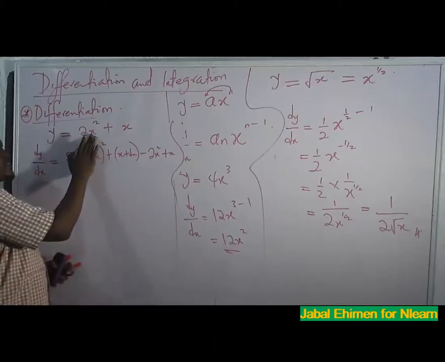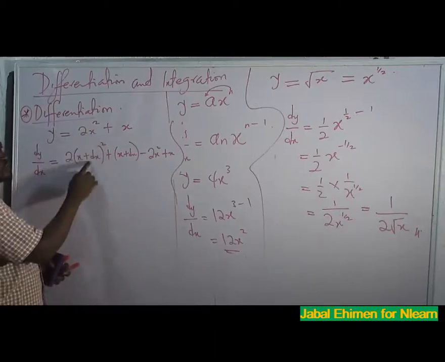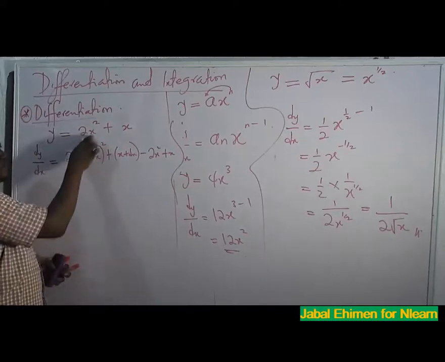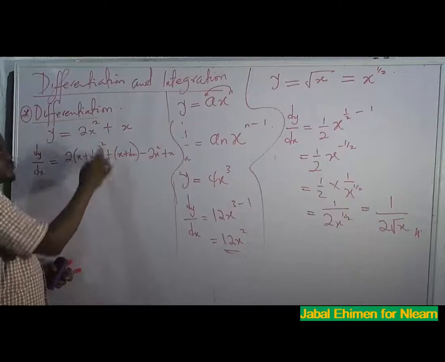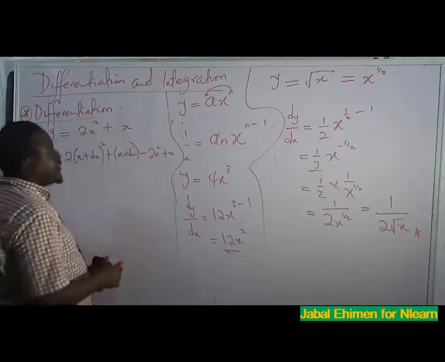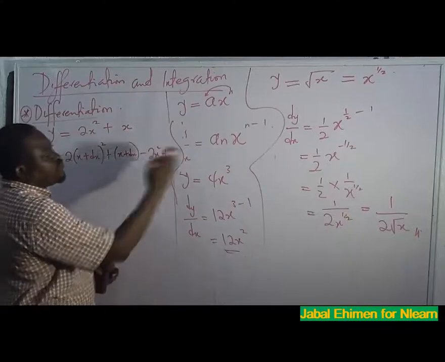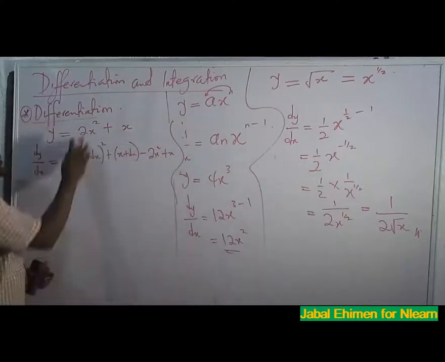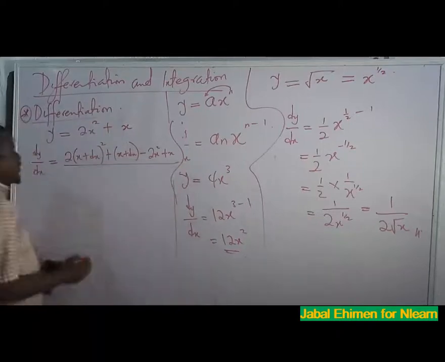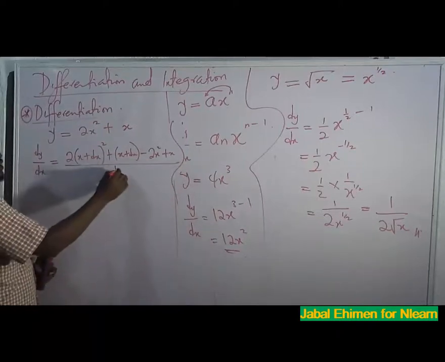If you watch what I did out here, you'll discover that anywhere I find x, I replace it with x plus dx. I did the first thing here: I replaced x with x plus dx and got squared. And this one I replaced with x plus dx. But after then, I subtracted the value of y away. What's the value of y? 2x squared plus x, all divided now by dx.